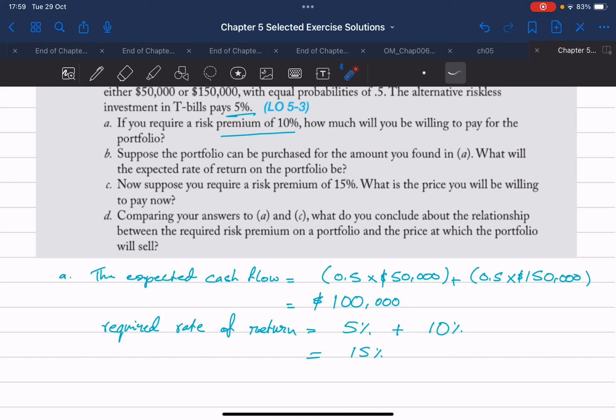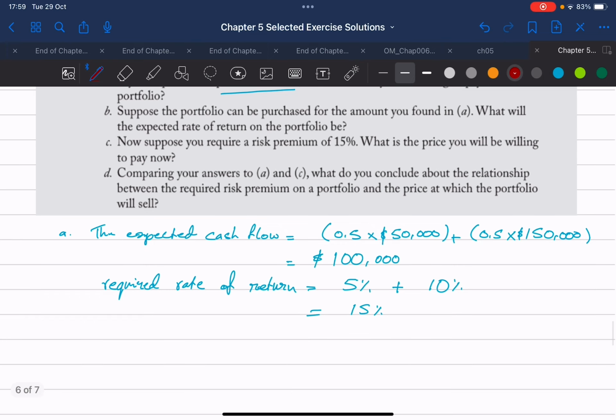Okay, so that means that the amount of money that we pay needs to generate 15% at least to achieve that $100,000, right? So this amount here, X, which is unknown to us right now, is the amount of money that we will pay, and if it generates 0.15, if it generates 15% return, it should at least get to $100,000. Okay?